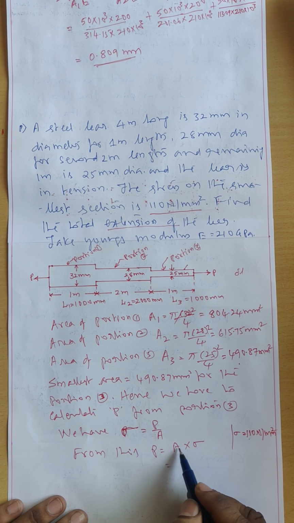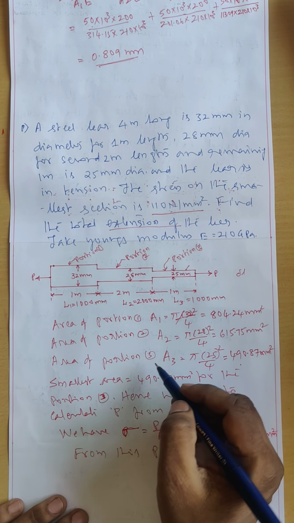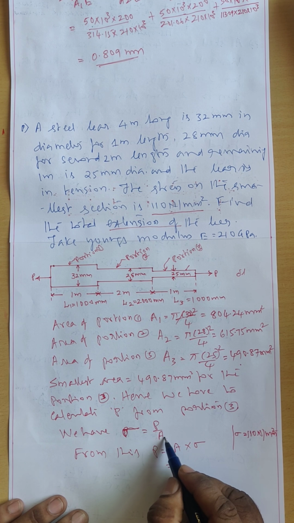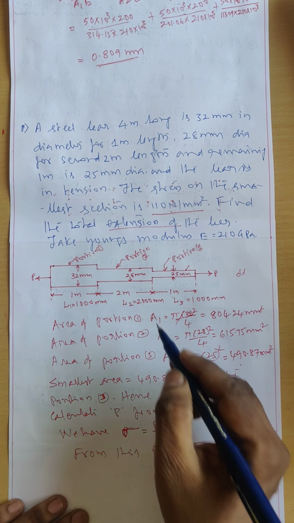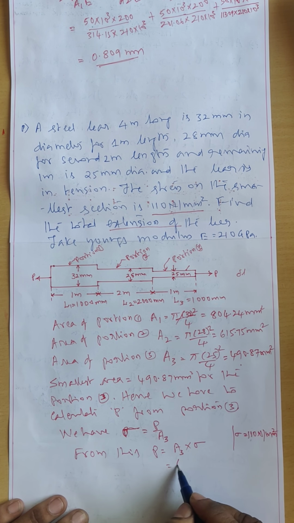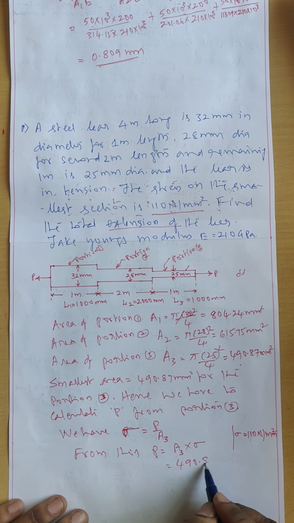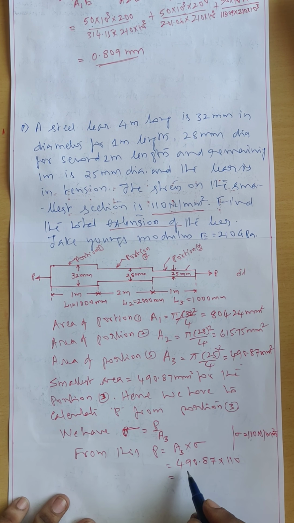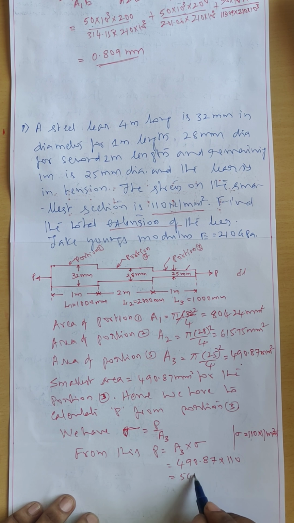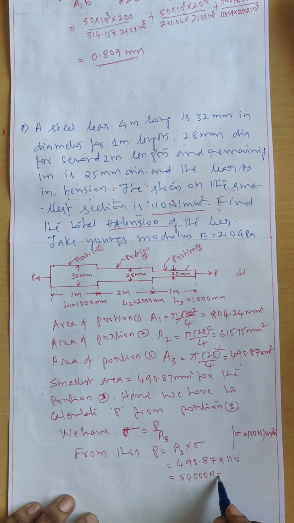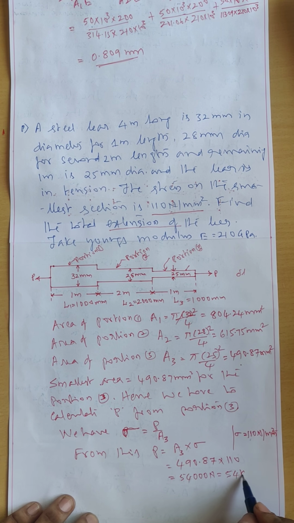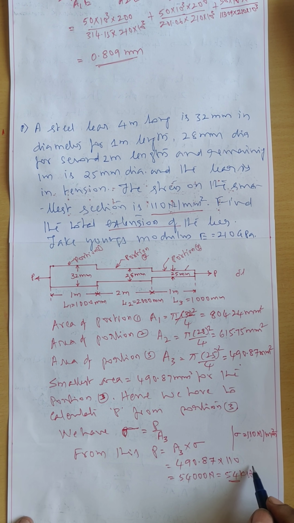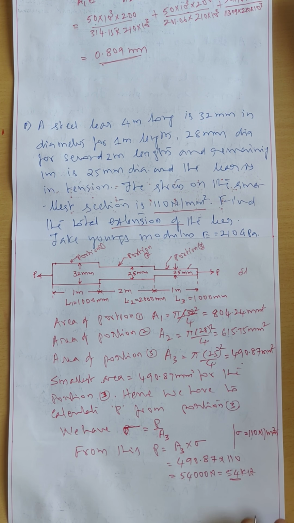Area for portion 3 means A3, 490.87 into 110. It comes to be 54,000 Newton or 54 kilonewton. I calculated the load from portion 3.